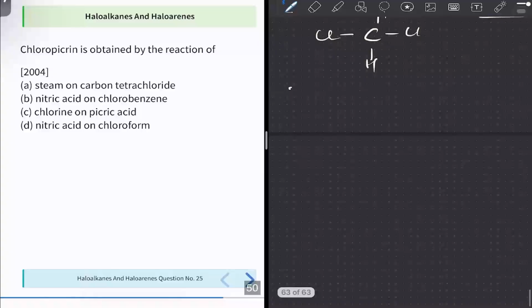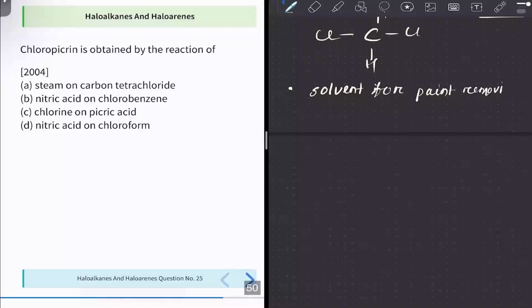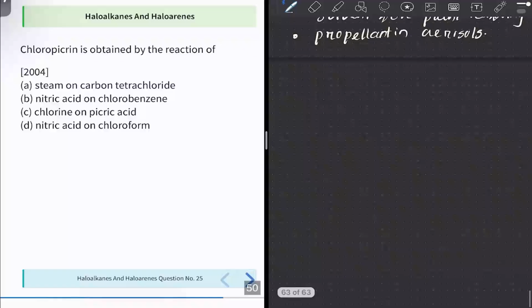This methylene chloride is used as a solvent for paint removing, propellant in aerosols, and manufacturing of drugs also.